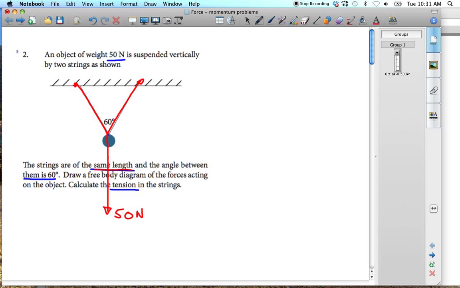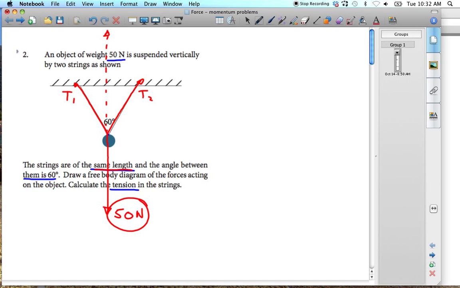Now the important thing here really is the resultant of these two forces, if I call this T1 and T2, tension 1 and tension 2, the resultant vertical force. So this is the free body diagram here, this is what you draw. The resultant vertical force of these should cancel out this 50 newtons downwards because the object is stationary and therefore all the forces are in equilibrium.